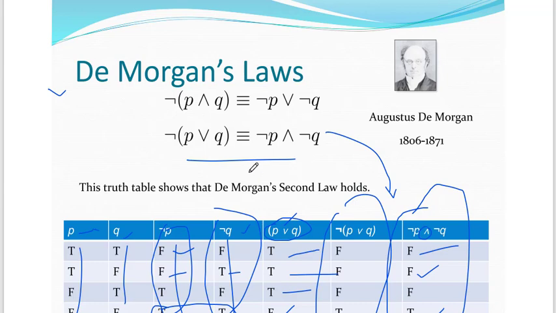If a negation enters the bracket, then the condition of AND or OR will be changed. If it is OR, then it will become AND. If it's AND, then it will become OR, and both are negated. Okay, so this is De Morgan's law.